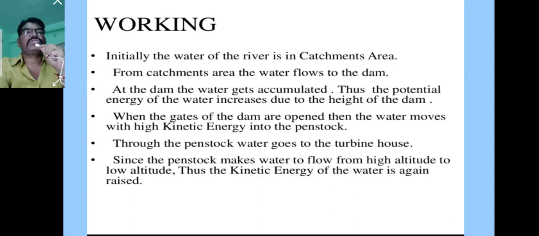When the gates of the dam are opened, the water moves with high kinetic energy into the penstock. Through the penstock, water goes to the turbine house. Since the penstock makes water flow from high altitude to low altitude, the kinetic energy of the water is again raised.